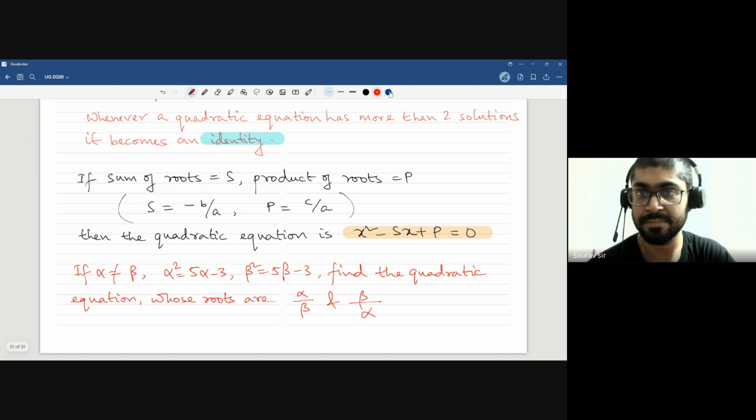Try this. You know the formula, I just gave it, so you can use that.